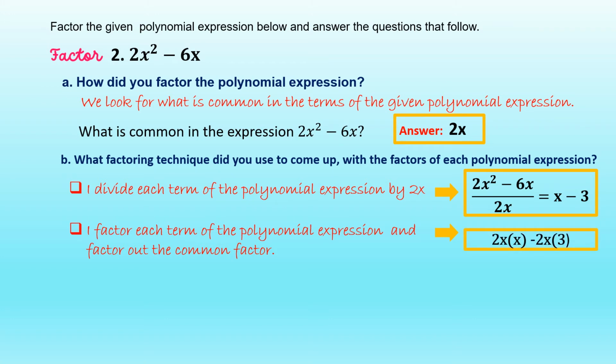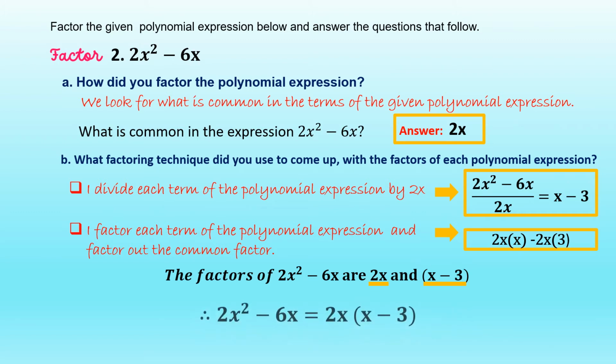So we have 2x times x minus 2x times 3. I factor out 2x. So the factors of 2x squared minus 6x are 2x and quantity x minus 3. Therefore, 2x squared minus 6x is equal to 2x times quantity x minus 3.